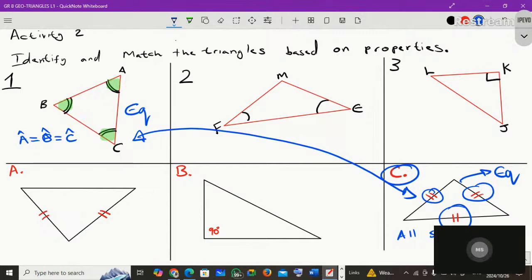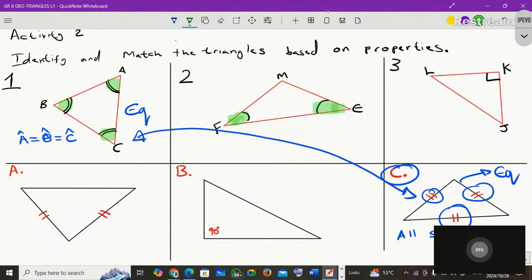Okay, then we move on to number 2. Now, number 2, what do we see here? We see angles. Only 2 angles. We are given 2 angles that are equal, are the same.